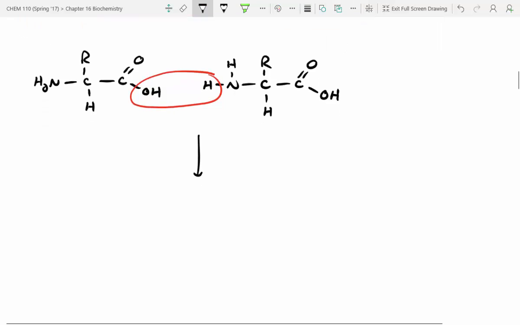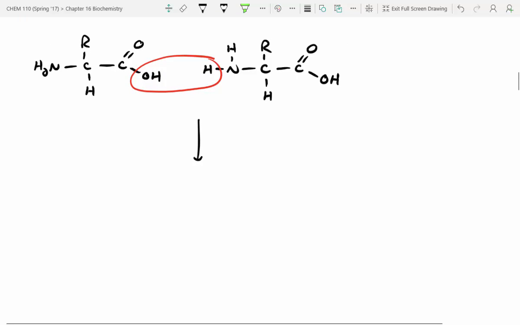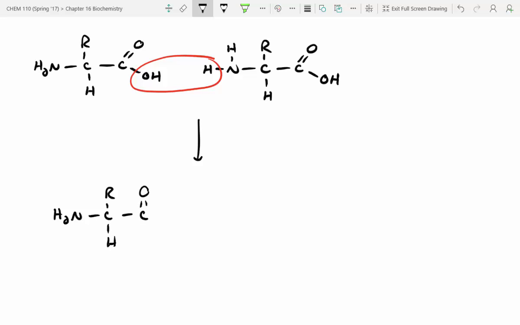I'm not going to continue on and show a full continuing chain. Okay, so essentially this is the new bond that we've made.